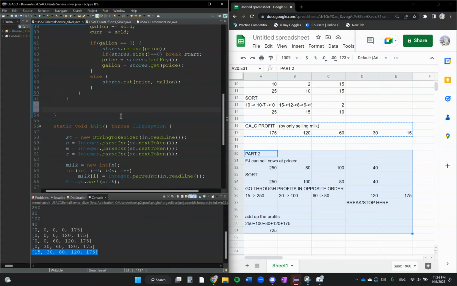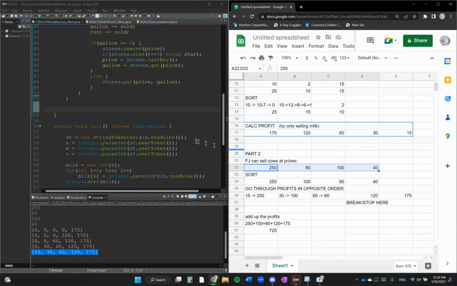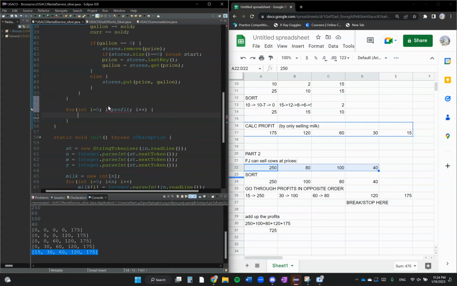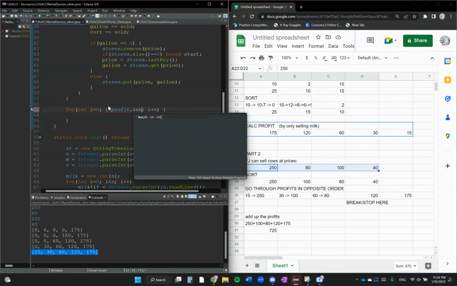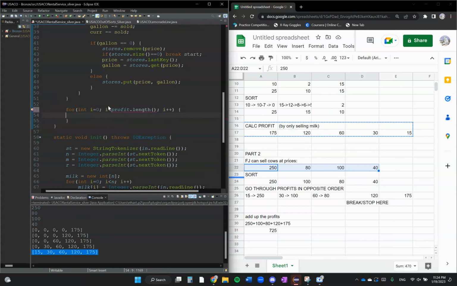Actually, let's go through each value in profit. I think that'll be more accurate. So for int i equals 0, i less than profit.length. So we're basically looking at how much money each cow makes. And remember that it's going to be in ascending order, so it's going to be the minimum value already.